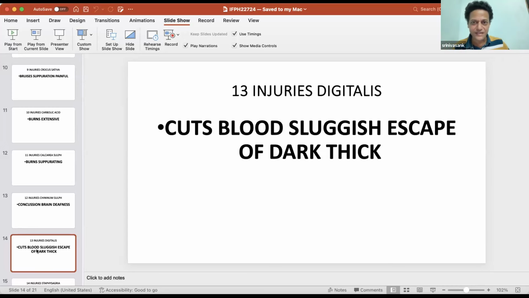The remedy was digitalis. I asked the patient, do you have any heart disease? Are you taking any digoxin tablet? No, sir, but there is a family history of heart disease. I am also afraid, will I get any heart disease? And I am trying to do something to prevent it: dieting, exercise, yoga, meditation, all that. Said, okay. But as of now, there is no heart ailment in the patient. I gave digitalis and patient quickly recovered.